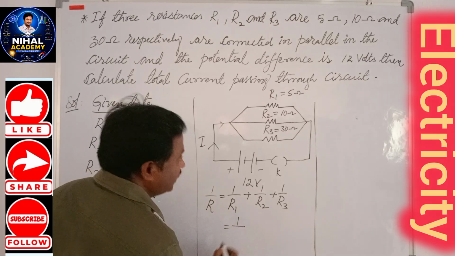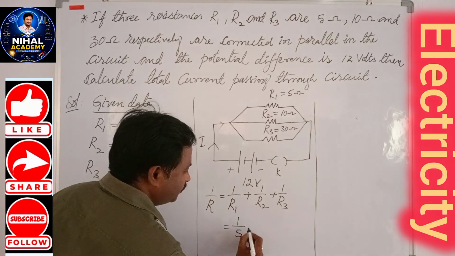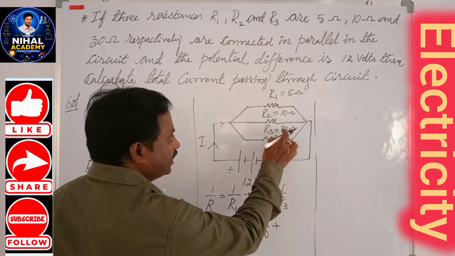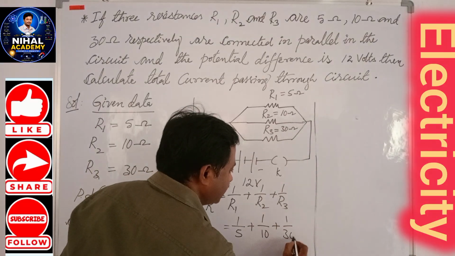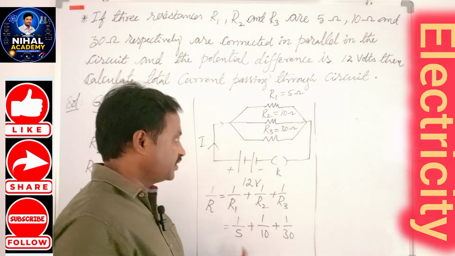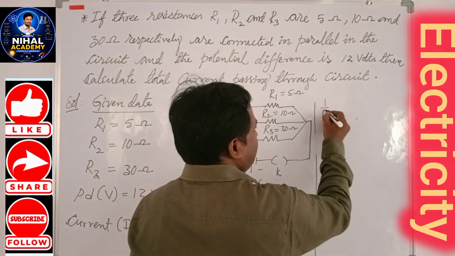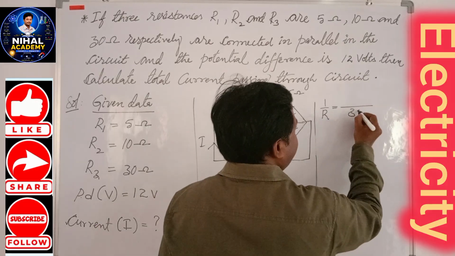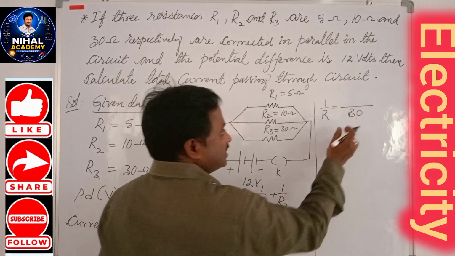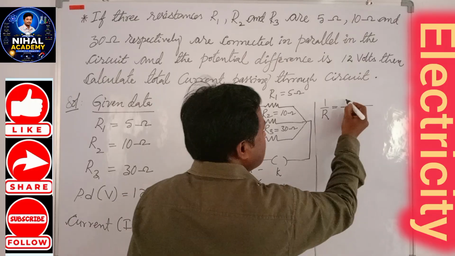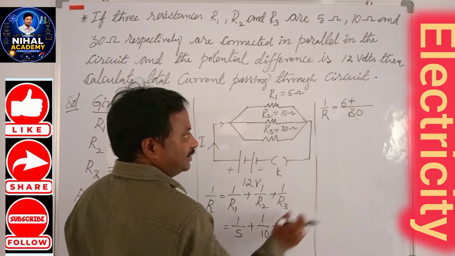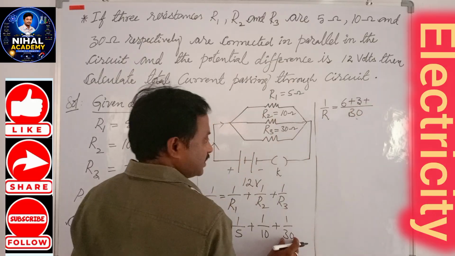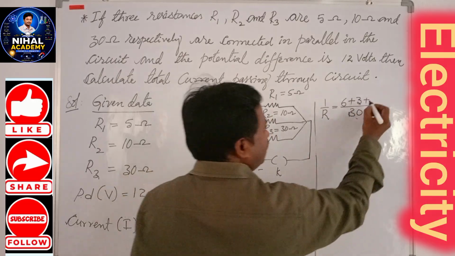1 by R is equal to 1 by R1, which is 5, plus 1 by R2, that is 10, plus 1 by R3, that is 1 by 30. Now we have to find the LCM of these three. 30 is the LCM, then 5, 6 times cancel, so 6 into 1, 6, plus 10, 3 times cancel, 3 into 1, 3, plus 30, 1 time cancel, so 1 into numerator 1, 1.